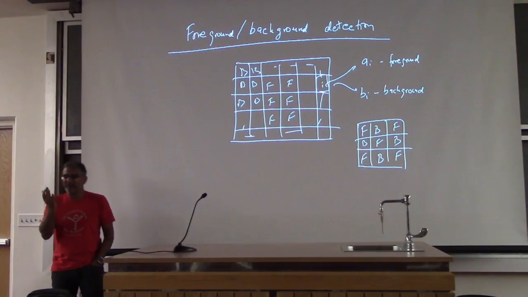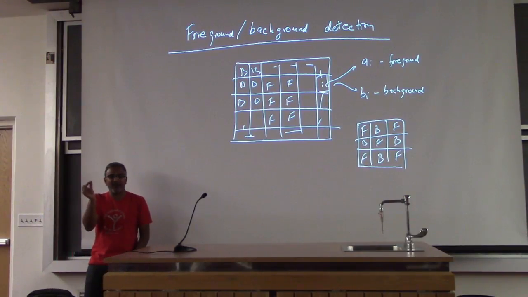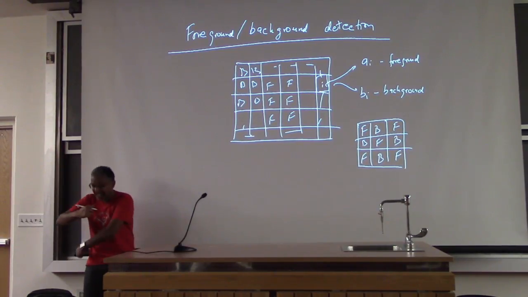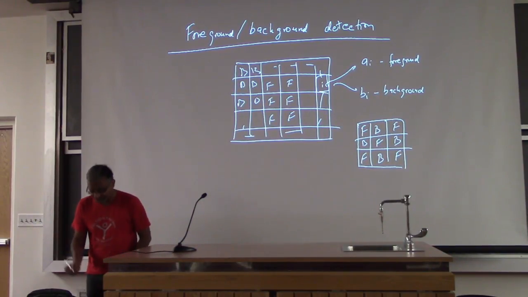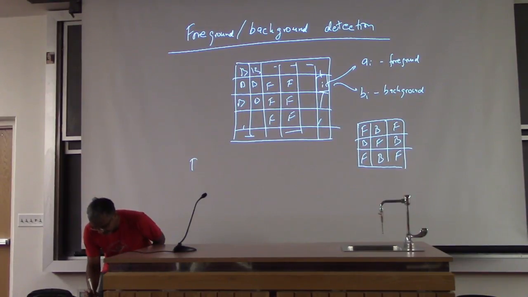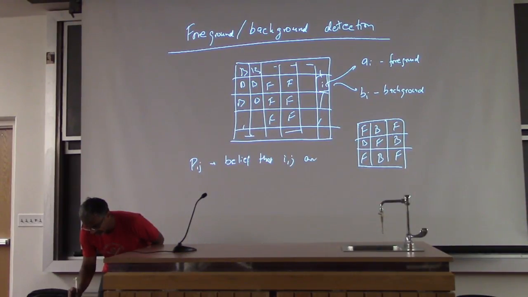Okay? So we have some sense that pixels that are nearby to each other are more likely than not to have the same label. Right? Two foreground pixels will be together, and of course there will be edge cases where you transition across the boundary, but there should be fewer of those. So we might have some more information of the form p_ij, that is the belief that i and j are similarly labeled.